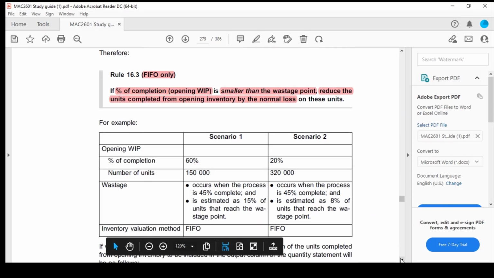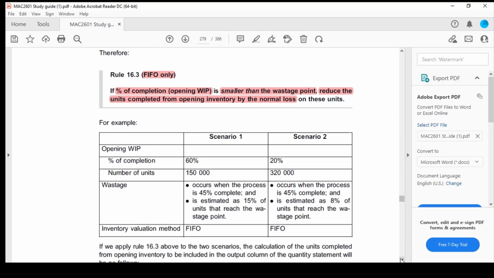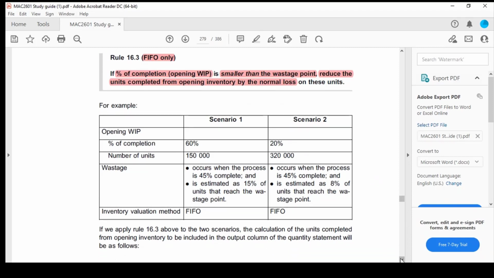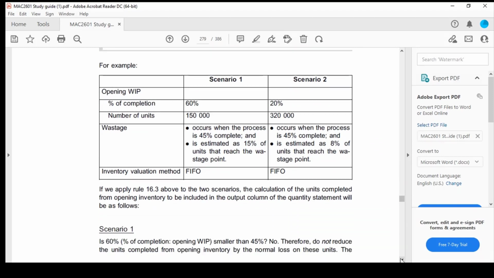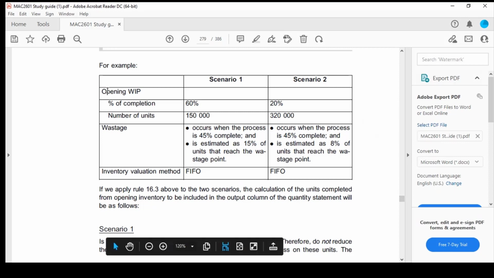So if your opening WIP is before the wastage point, yes, you will calculate your normal loss how we did. You will have to reduce your opening inventory by this loss. So let's look at an example.